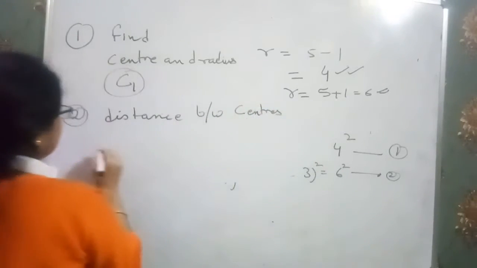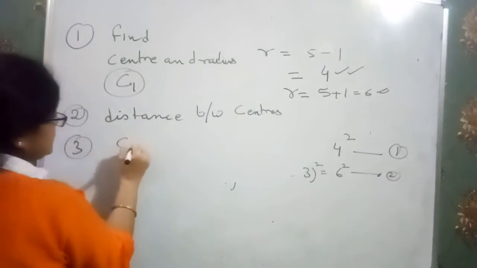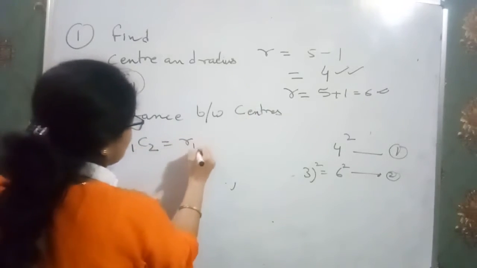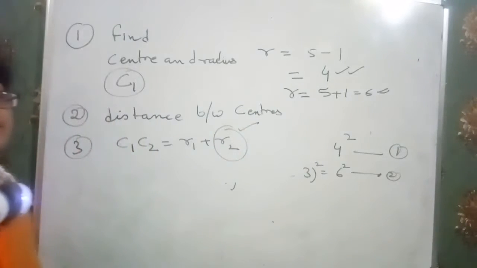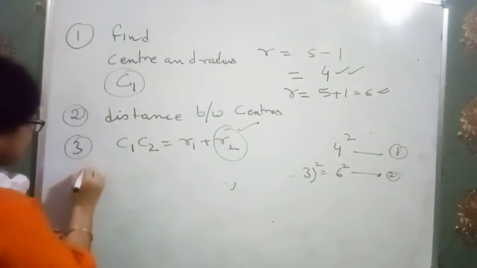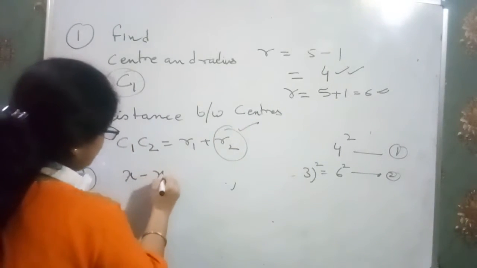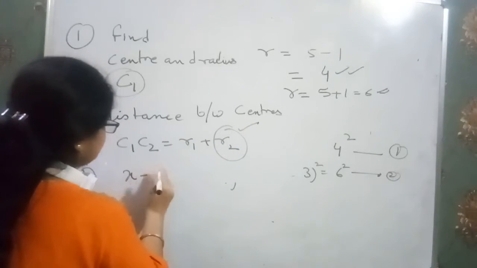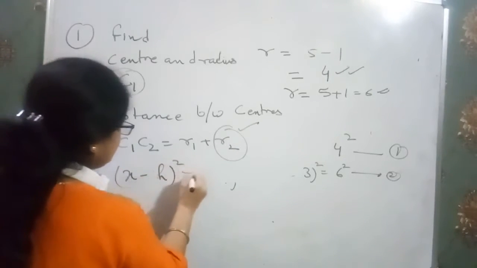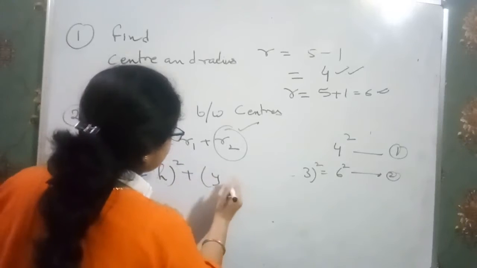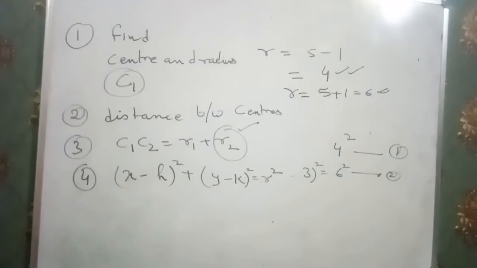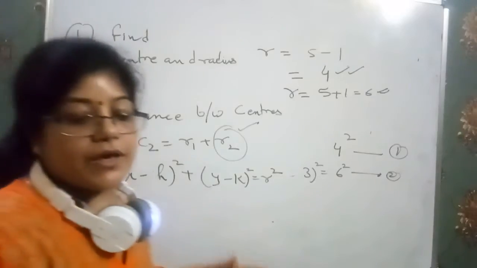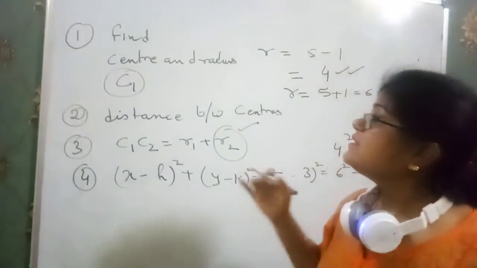Clear? Third, put C1C2 is equal to R1 plus R2. In this way you find the radius of the unknown circle. And then, using the equation x minus h whole square plus y minus k whole square is equal to r square, you get the answer. In this way you solve these types of questions.